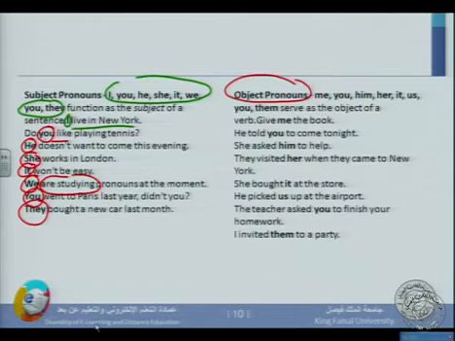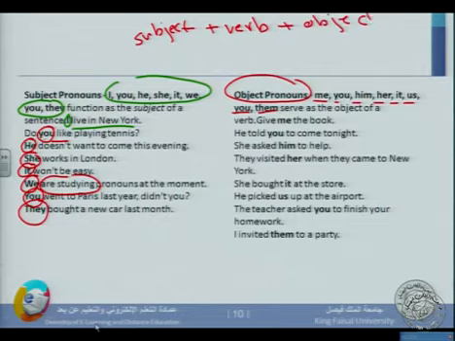بينما الobject pronouns اللي ممكن تجي في محل مفعول به, like me, you, him, her, it, us, you, them. تتذكر الجمل في الإنجليزية تتكون من subject زائد verb. هذه الجملة الأساسية في الإنجليزي زائد object. كل هذه subject pronouns تأتي في هذه الخانة, ثم الفعل, وكل object pronouns تأتي في هذه الخانة.